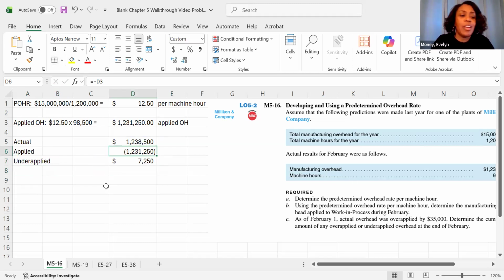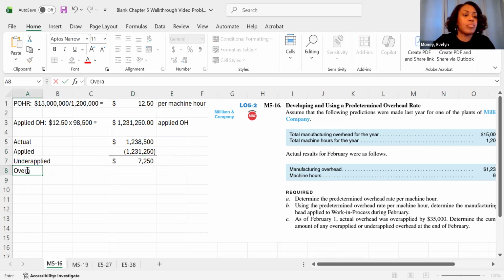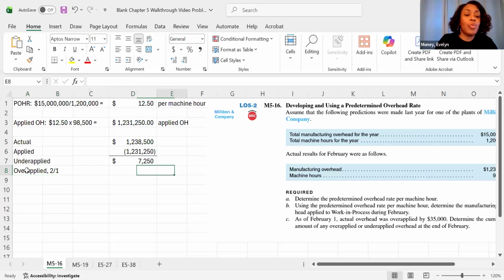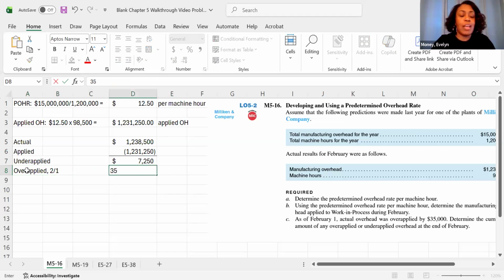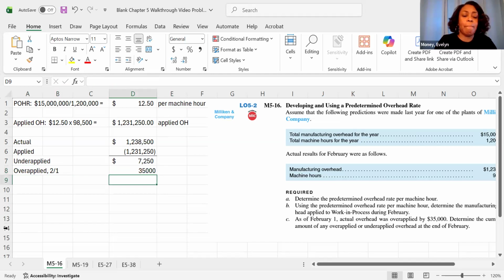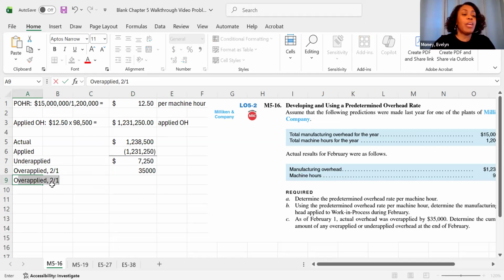At the beginning of the month, we were over applied by $35,000. That was given to me. So now I need to know the cumulative effect. If I'm combining over with under, then of course I have to subtract those two.